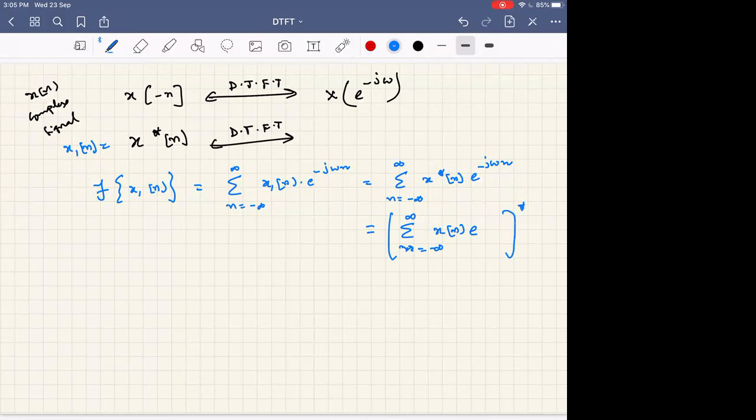E power j omega n. So what is the answer now? This is the Fourier transform of x of n. What should I write? X star. What should I write inside?